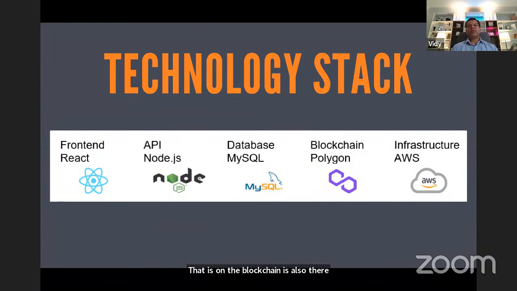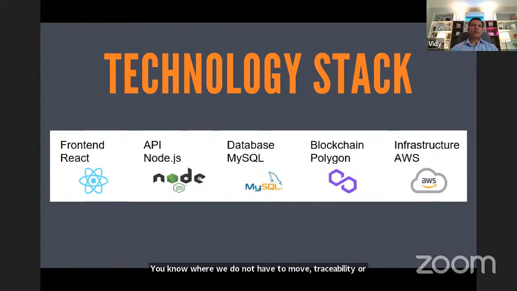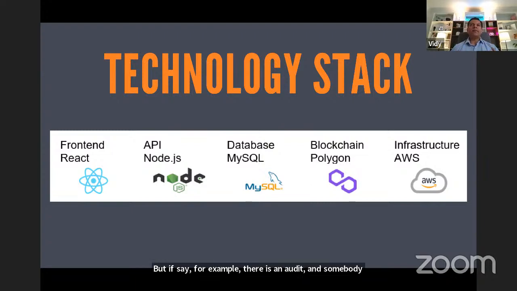So what happens is when we are using the app for general purpose, where we do not have to prove traceability or auditability, we don't need to get information from the blockchain. For general day-to-day use, information from the MySQL database can be used, and that's how we have designed the system. But if, for example, there is an audit and somebody comes to audit your information, at that time they would need to know that the genuine, original, authentic information is there on the blockchain.